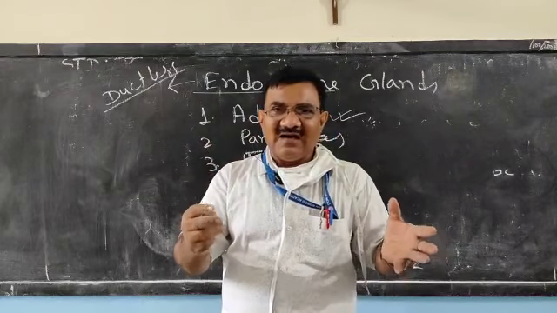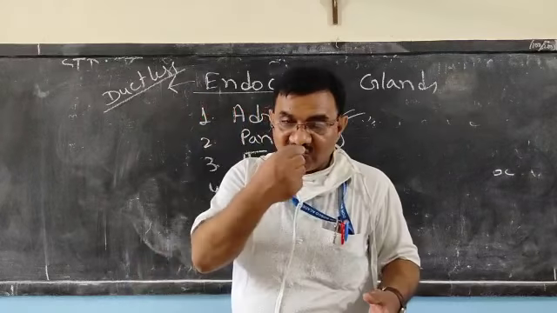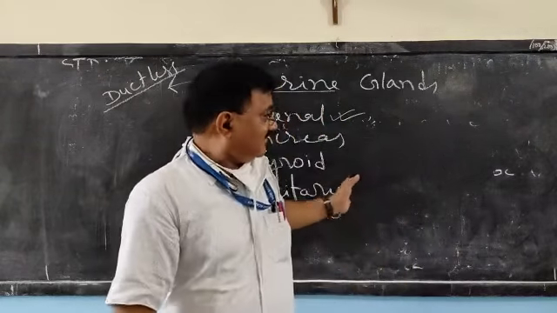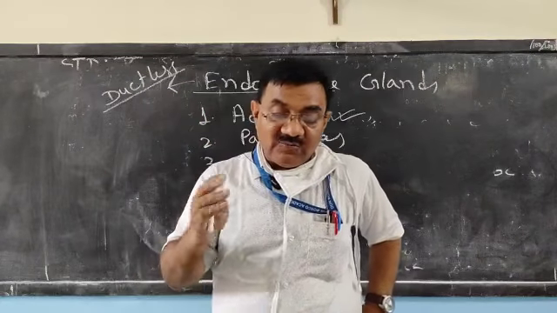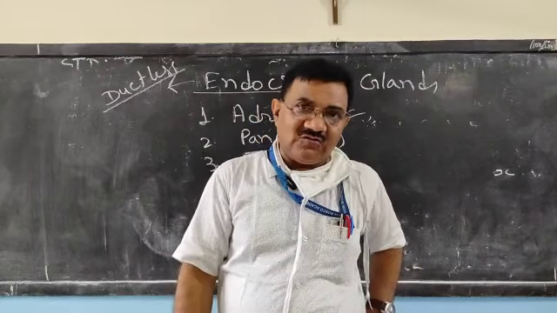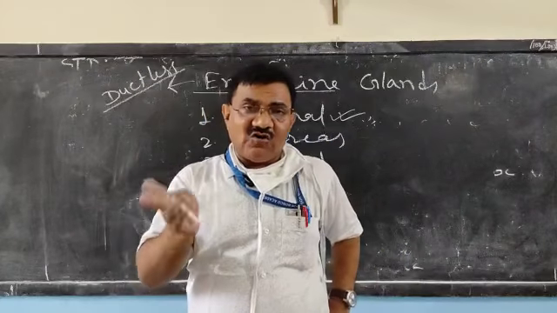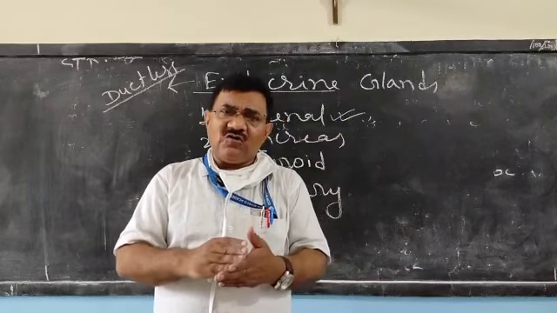The face bones will come out, the nose will develop, and the lips will become thick. And there are certain hormones like thyroid stimulating hormone, gonad stimulating hormone, or adrenocorticotropic hormone, ACTH.